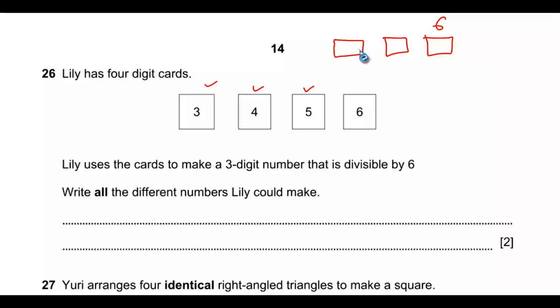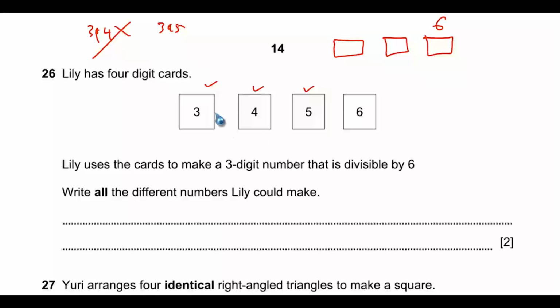So let me cancel 3 and 4 out, they cannot be there. So let's pick 3 and 5. 3 and 5 add up to 8. 8 plus 6, that will be 14. 14 is not divisible by 3. So that means 3 and 5 cannot be here.